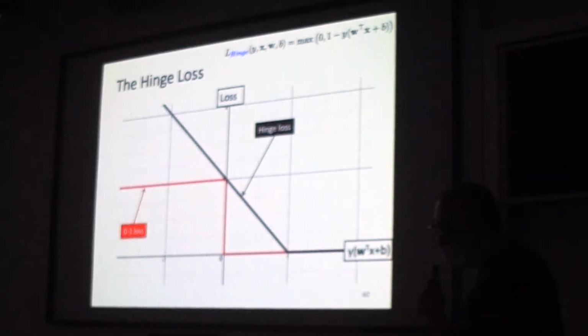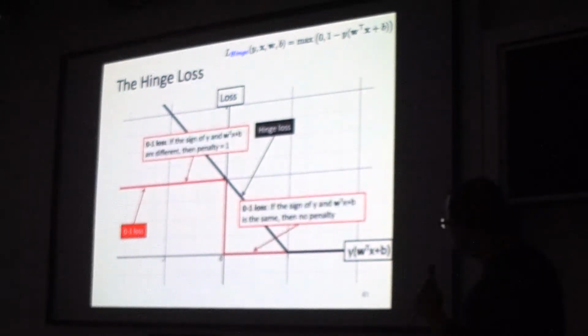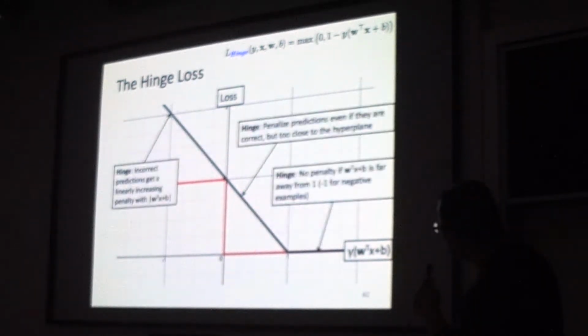Now what about the hinge loss? You can see that the hinge loss is essentially an upper bound of the 0-1 loss. First, if your prediction is correct and the function margin is large enough, meaning it is no less than 1, which corresponds to the example staying outside the margin, then your hinge loss is simply 0.